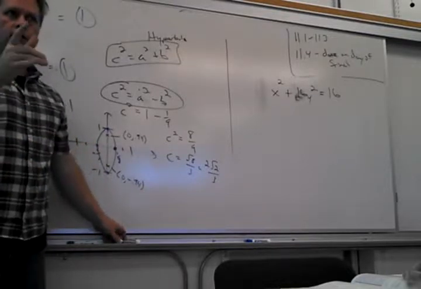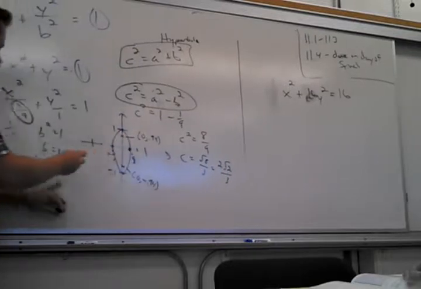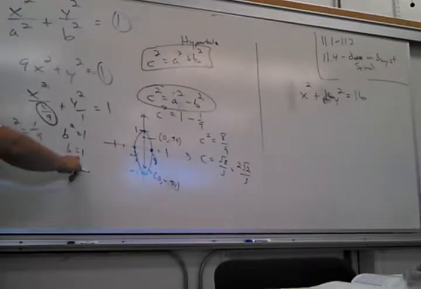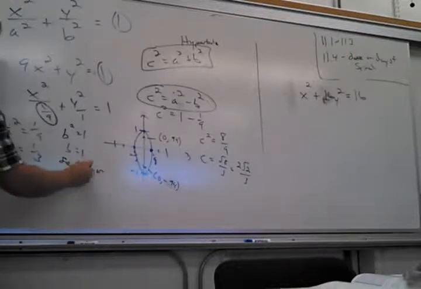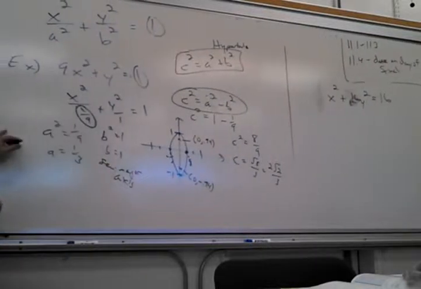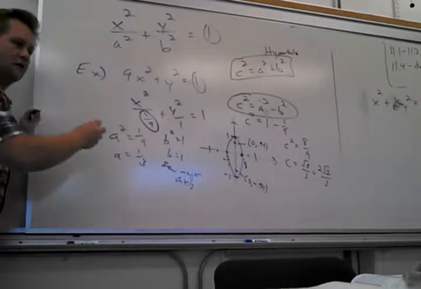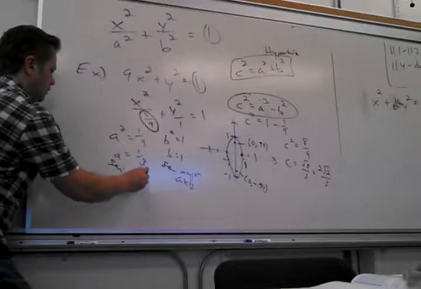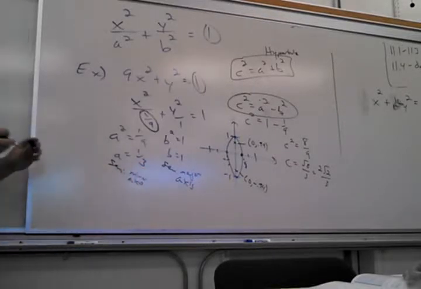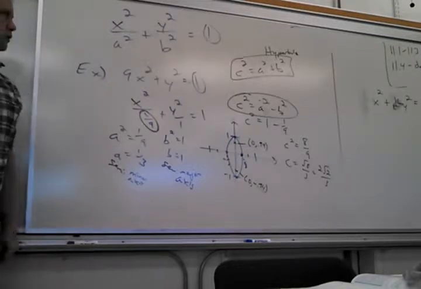I want you to find, and there's some terminology here, the longer length is called the semi-major axis length. And the smaller length, remarkably enough, is called the semi-minor axis length. How important is the terminology? Really not as much.